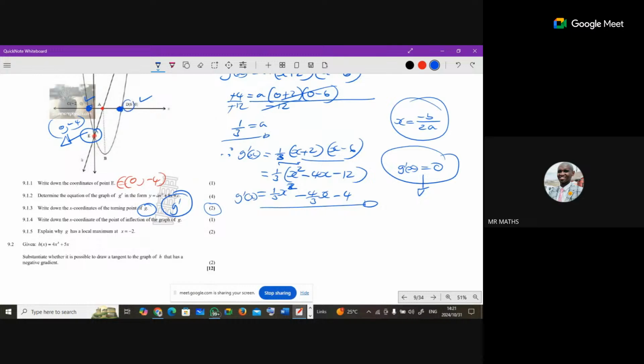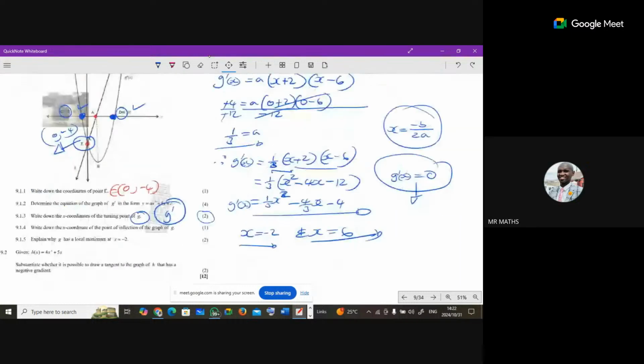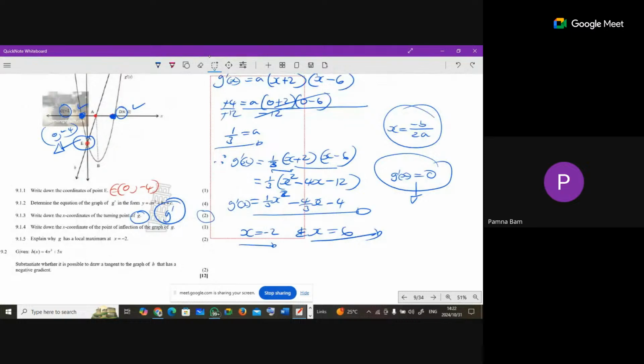The x values represent x-intercepts on the derivative, and on the original graph they represent the turning points. So at the turning points, x is equal to -2 and x is equal to 6. Are we together?